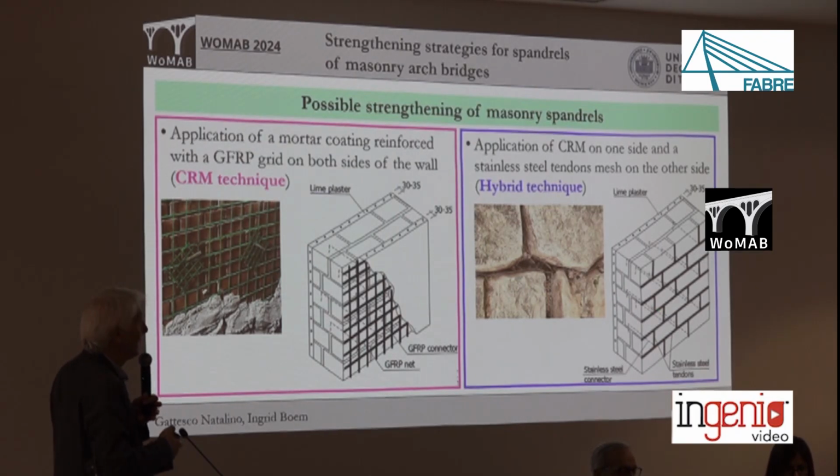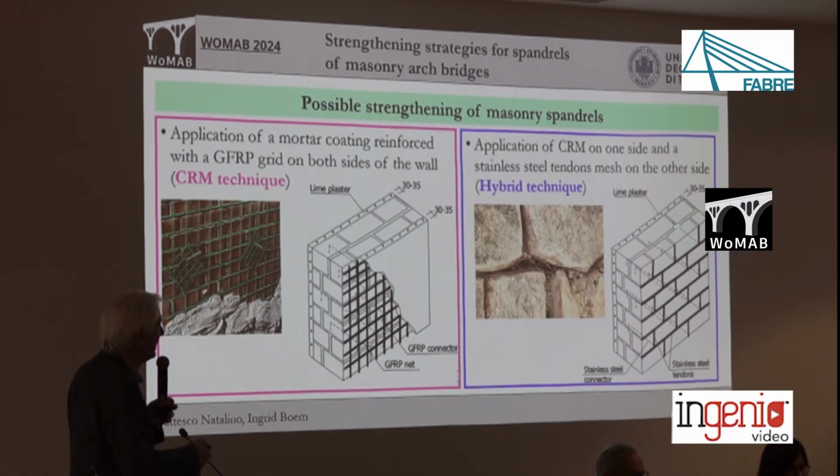So in this case an hybrid technique could be applied, where instead of applying the CRM technique on both sides, we apply the CRM technique on one side using a composite material. In this case we use a GFRP net dispersed in a mortar coating.